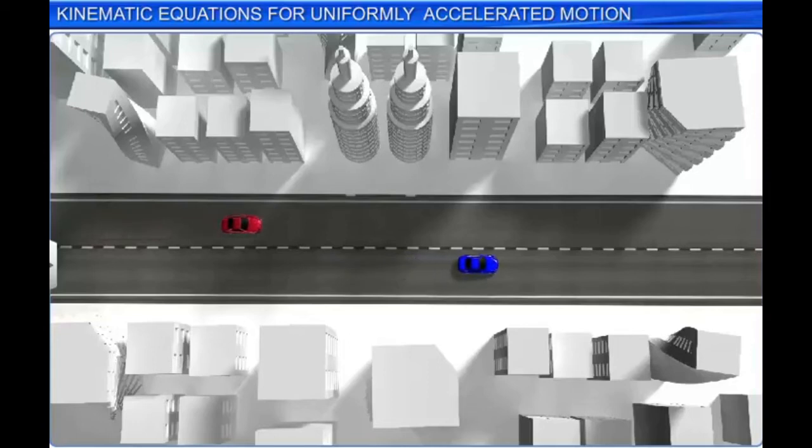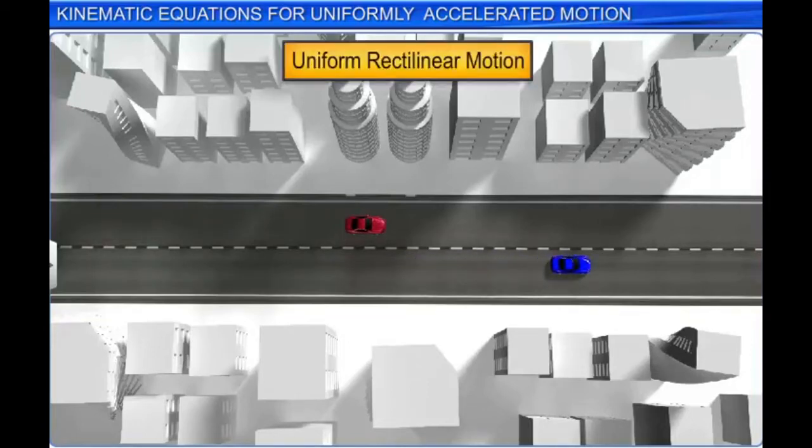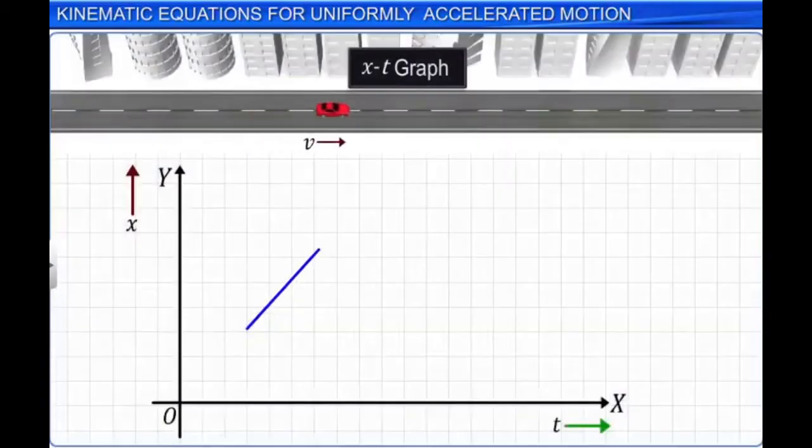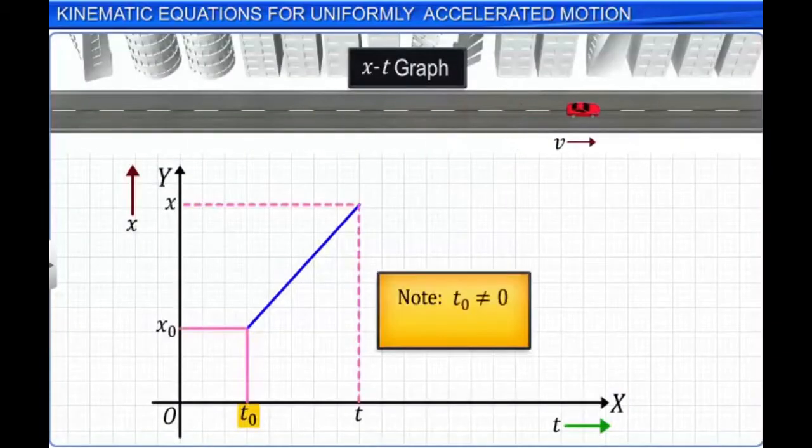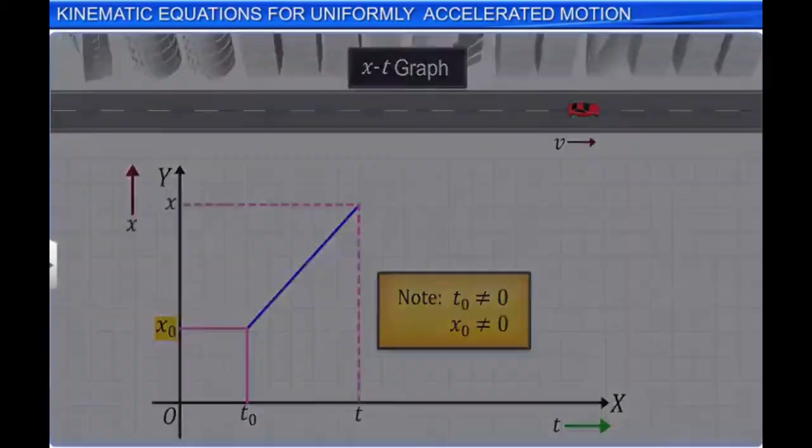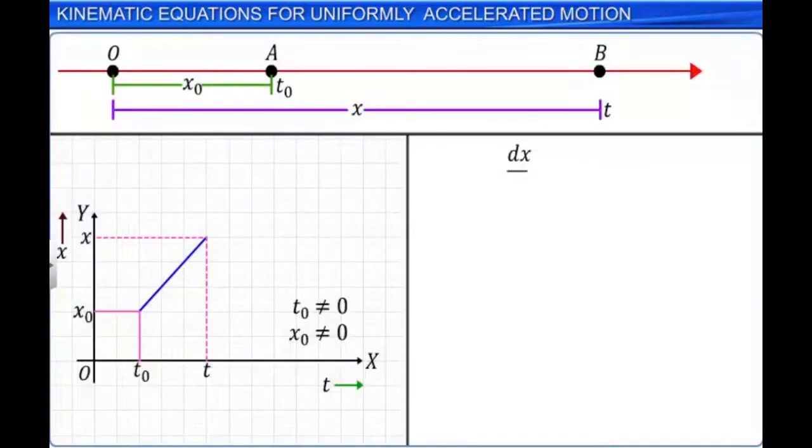Let's start with uniform rectilinear motion. Observe the xt graph. t0 is not equal to 0, and x0 is also not equal to 0. dx by dt is equal to v, which is a constant.